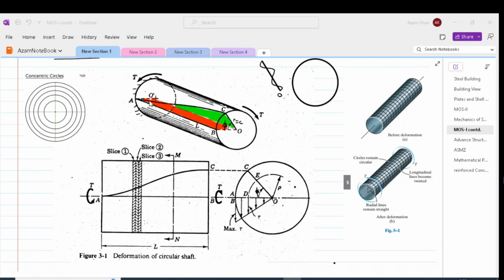The angle of twist is 0 at the fixed end and changes almost linearly as we move towards point C. As we move towards point O, the maximum magnitude of twist angle is at the free end. Therefore, we take variation of the twist angle phi with respect to x, which is along O prime O. In other words, our x-axis is along O prime O.